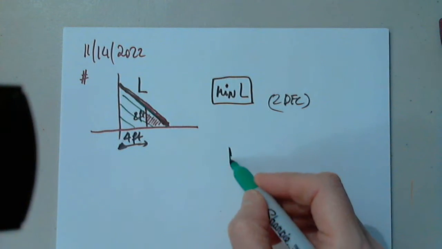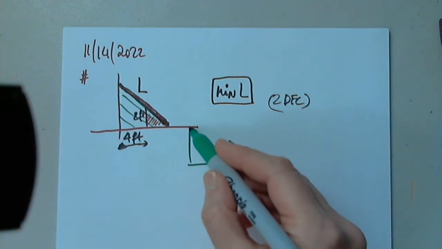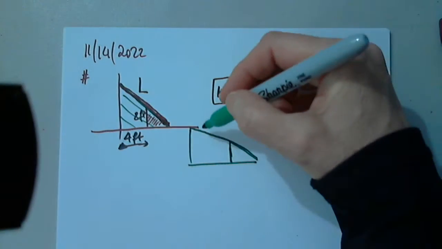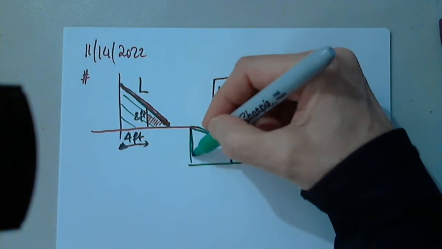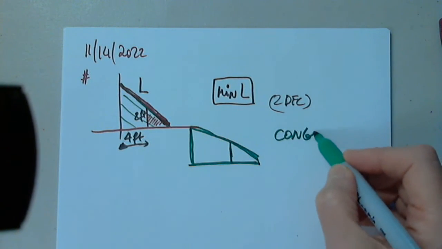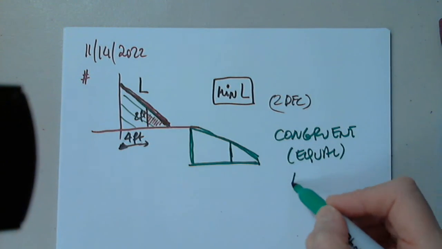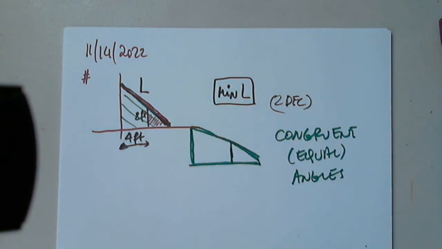These 2 triangles are similar because they have congruent angles, equal angles. How do I know?